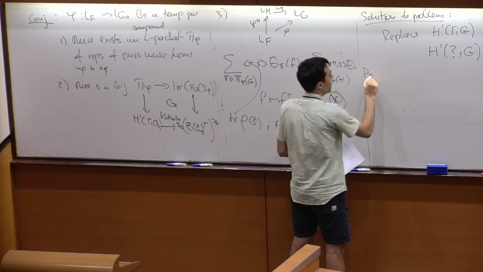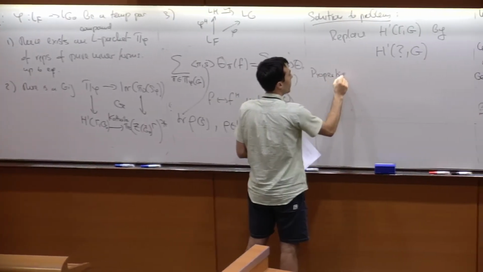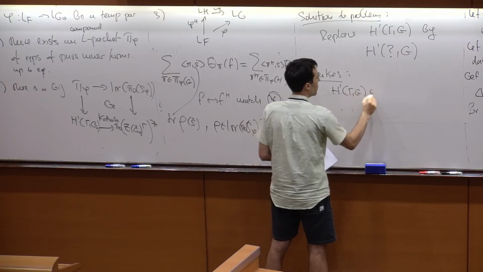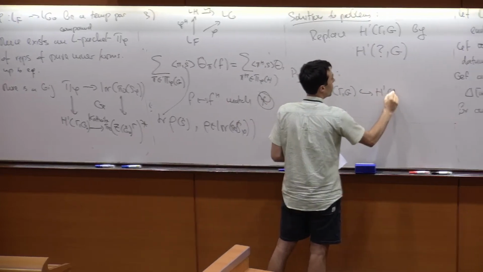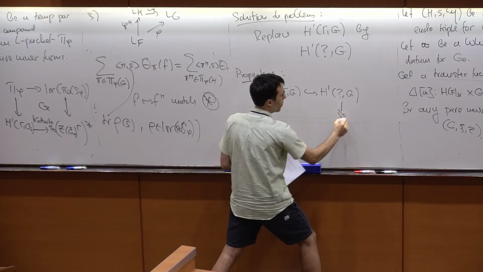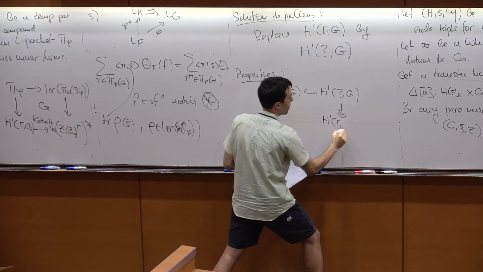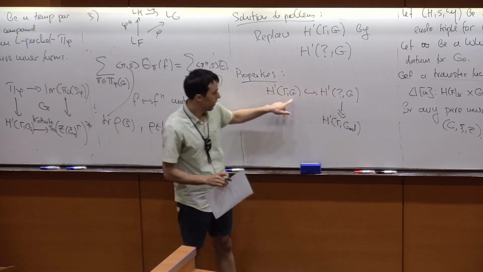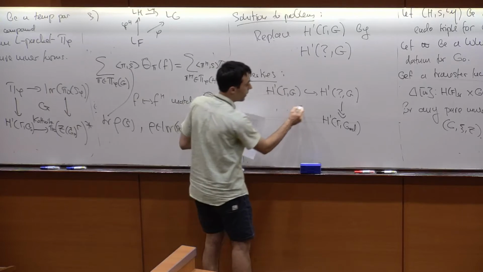What properties is this going to have? There will be an injection of the usual Galois cohomology into this new question mark cohomology. And the question mark cohomology is going to surject onto the cohomology of the adjoint group, which was exactly the failing of this set. That's the set that did not surject.